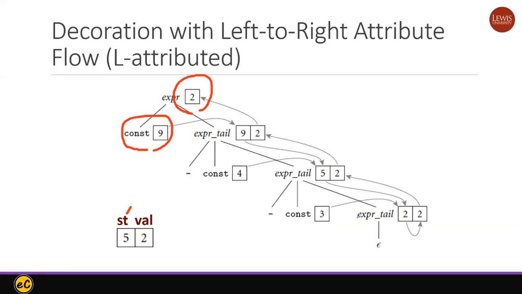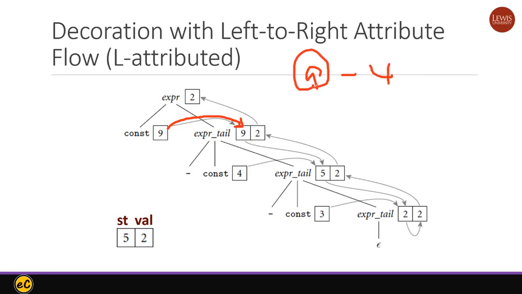So you have a constant 9. You pass this 9 to the expression tail. So I think it has 9 minus 4. You get the value of constant 9, and it is passed to the expression tail. So the expression tail got a 9, right?